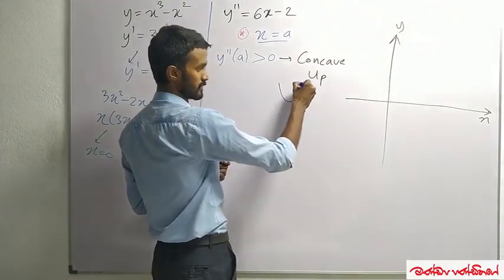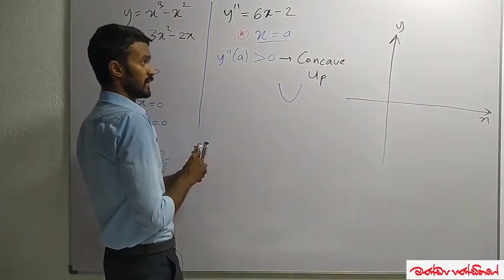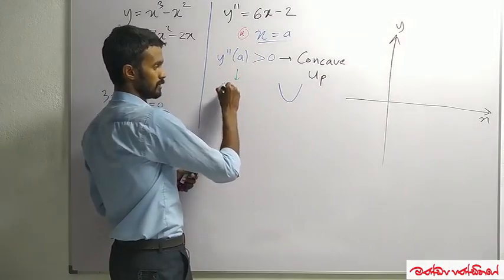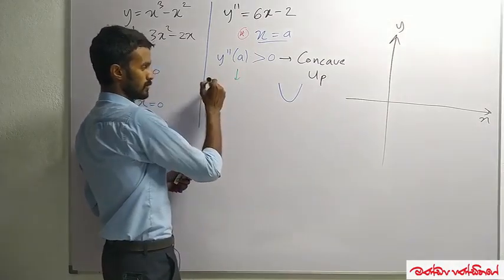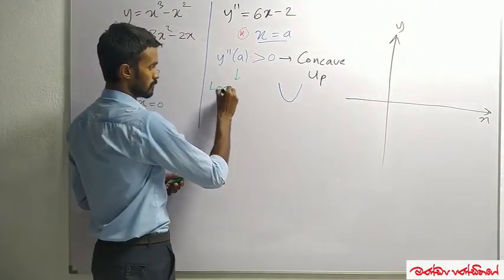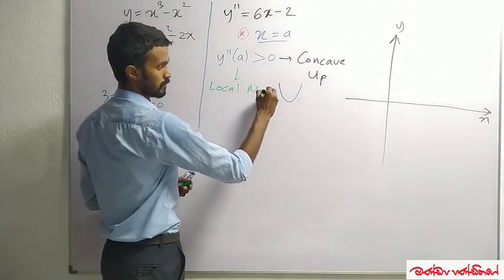Concave up means a shape like this. So if it is greater than 0, we get a local minimum.